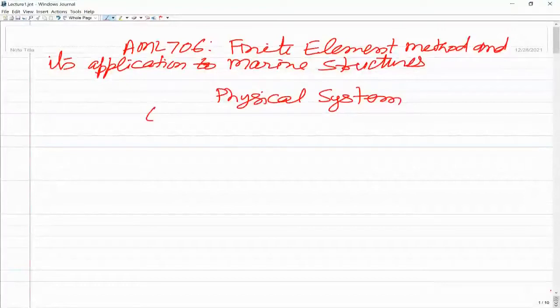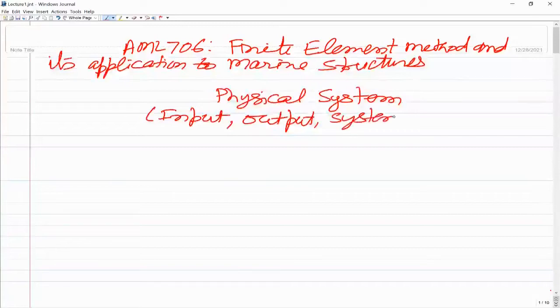Sometimes we want to study the relationship between input and output, either for a particular set of system properties or maybe varying system properties. Most of the time our interest is to study the relationship between input and output for different system properties. System properties mean the dimensions and material properties.